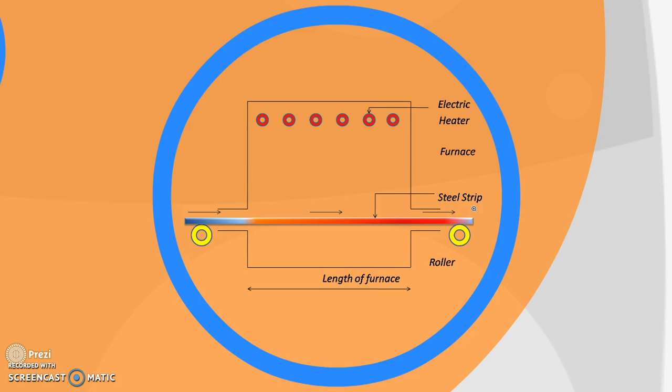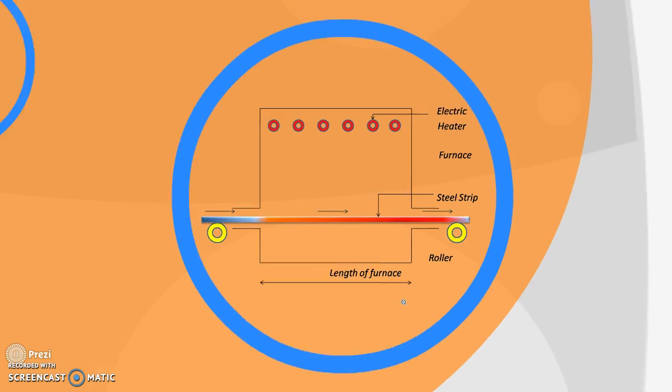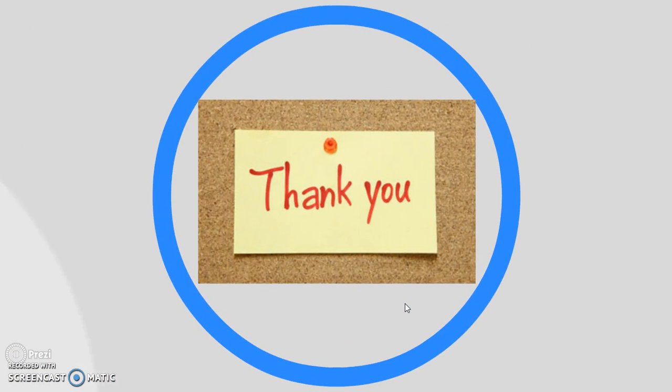The second kind of problem is that the velocity is fixed and I want an exit temperature of 700 degrees Celsius: what length of furnace is to be given? This is a problem related to radiation, and these are the different interesting problems in industry that may be faced by heat transfer engineers.